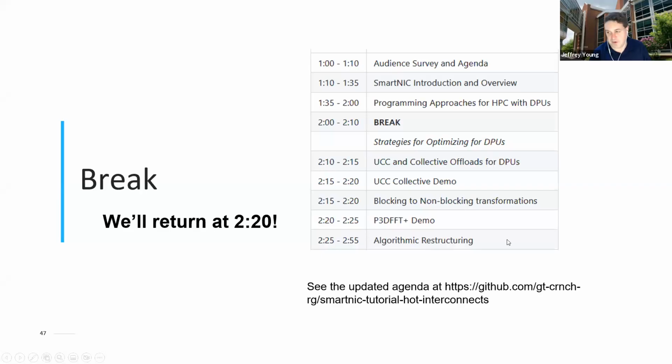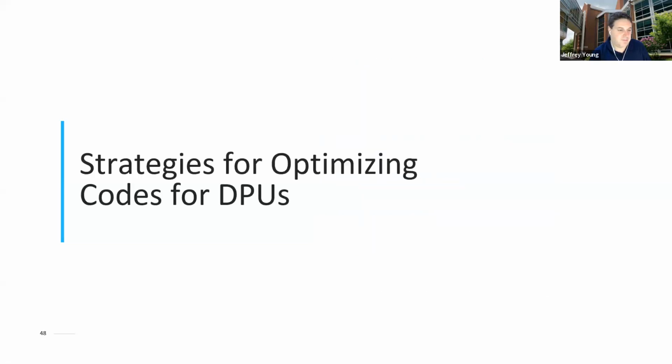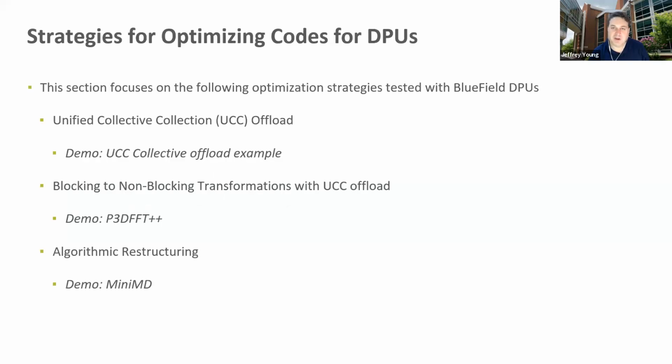Okay, so very briefly, I'll give an introduction and I'll hand it over to Yang. This whole section of the tutorial is about different strategies for how you might optimize your applications, specifically HPC applications, for GPUs. There are three things we'll be talking about today.